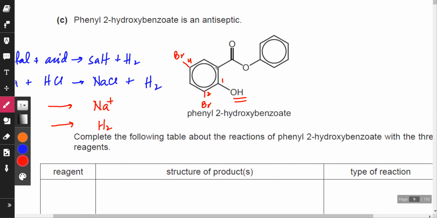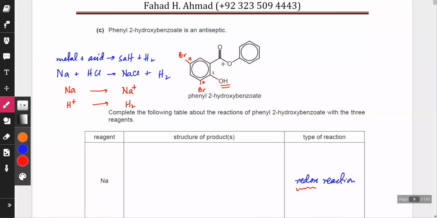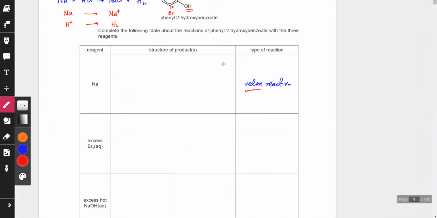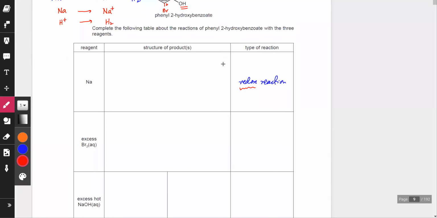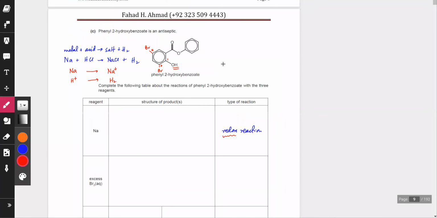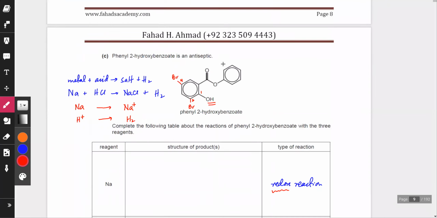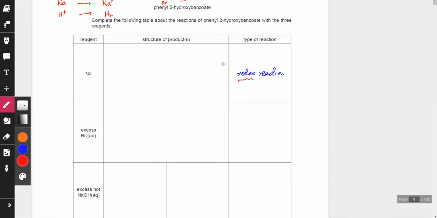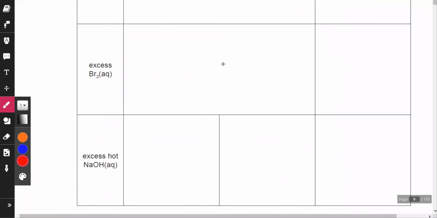No bromine would be added at position number 3 and 5 because there's already a bond over there. So nothing much would happen at that particular position. That's the bromination of phenols that is happening over here. Ali, is this clear? Sarah, is this clear? Yes, sir. Yes, sir.